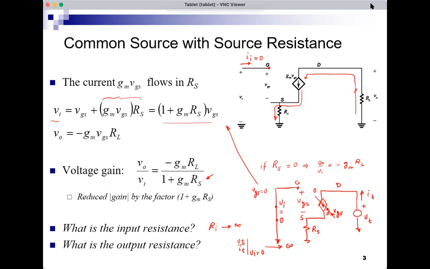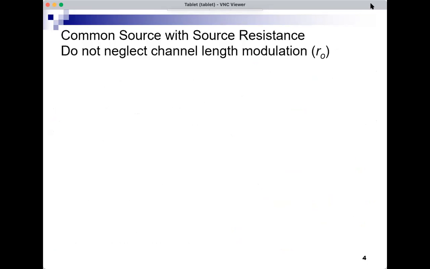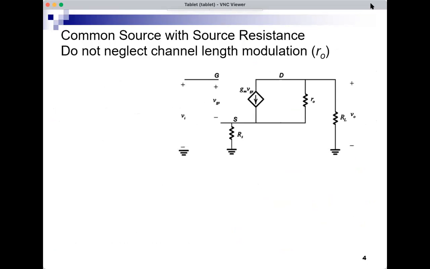We got this result because we neglected small RO. If we include small RO, then we will have a finite output resistance. So let's do that. Let's see, if RO is not very, very large, or we don't want to simplify the analysis by neglecting it, if RO is there, what happens?